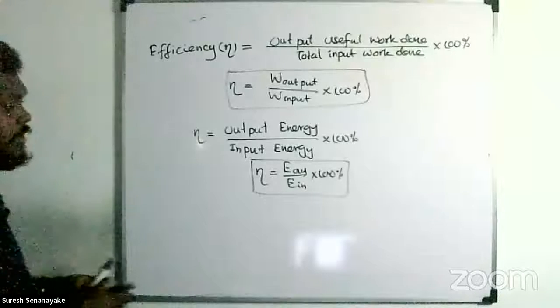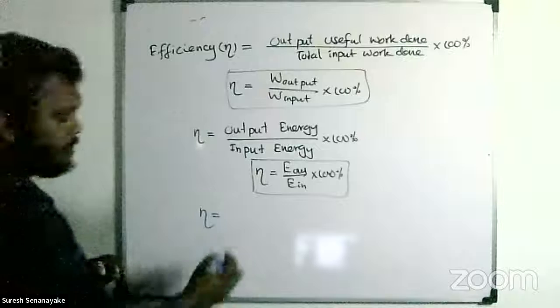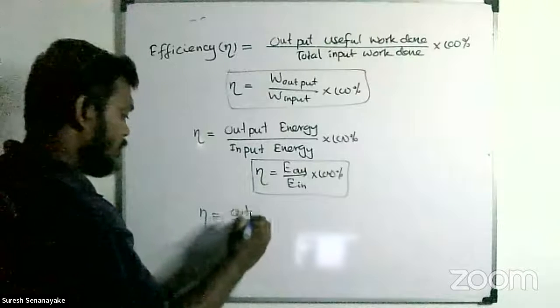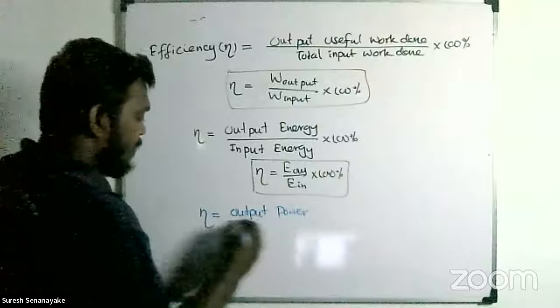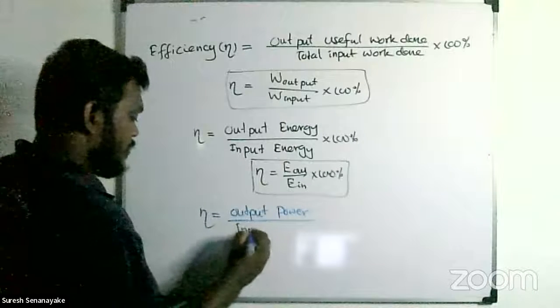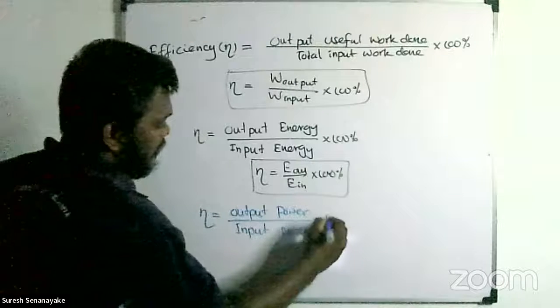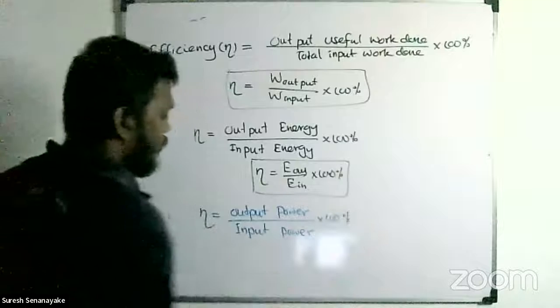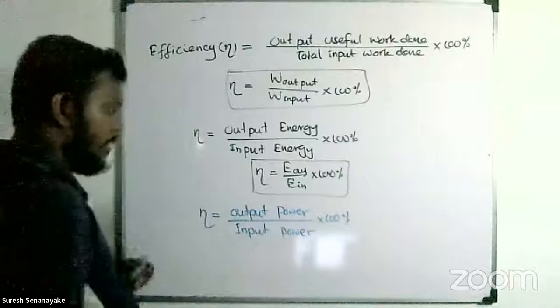Another way we can write it is eta equals the output power divided by the input power, multiplied by 100. Input power means the rate of power given.